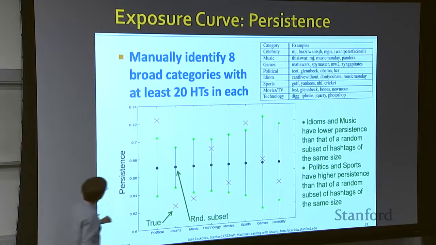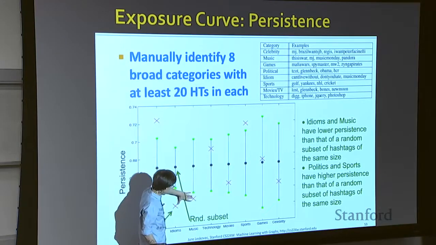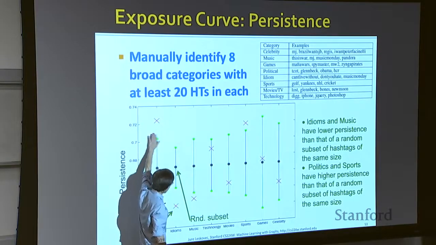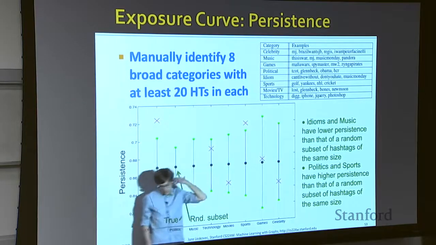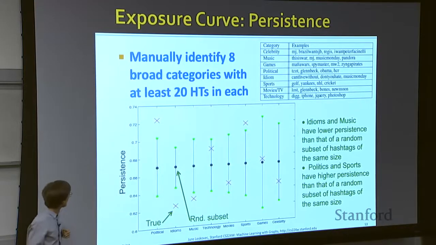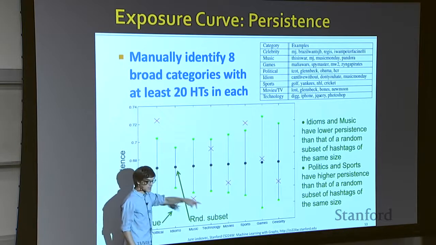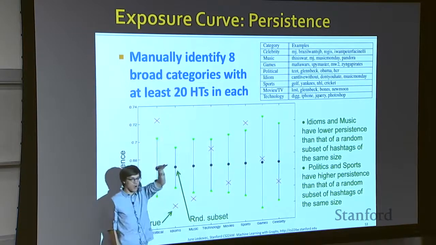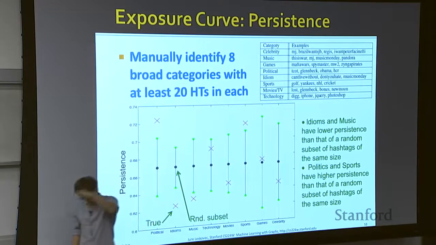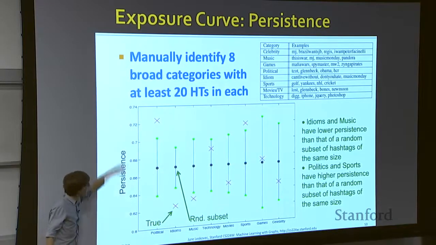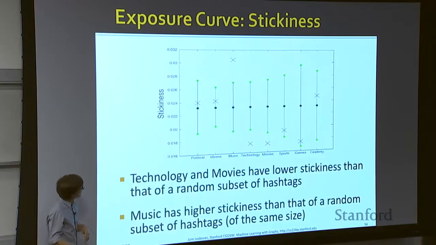This means that these have a very quick decay, while politics and sports seem to be spreading much longer at a persistent rate. So these two go up and then go down. These go up and basically remain flat or don't decrease too much. Okay, this is the persistence, which was the ratio.